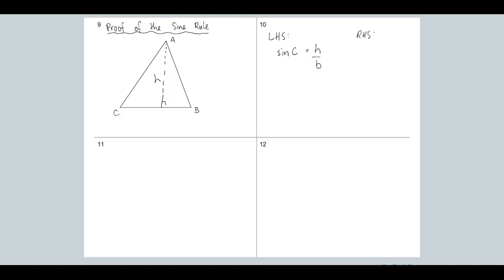On the right-hand side, we've got sine of B is equal to opposite h over hypotenuse, which is c. I haven't labelled these in the diagram, but I should do. So we've got A, B, and C. Now, if I rearrange both of these equations, I'll have h is equal to b sine C and h is equal to c sine B, and we're nearly there.